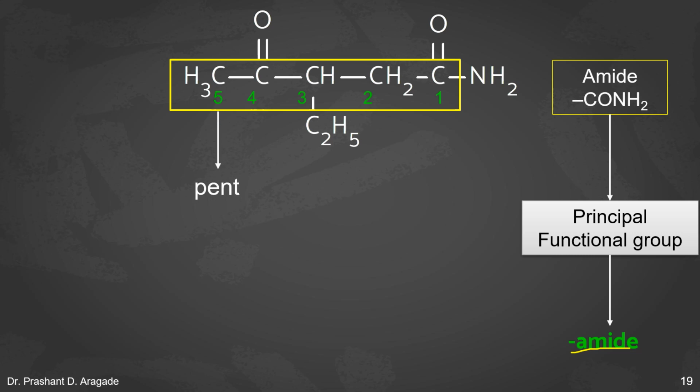Then the last name is derived from whether the chain is saturated or unsaturated. If you observe, it does not contain carbon-carbon multiple bonds, hence last name is ANE. So you have to replace the E of the last name with the suffix used for the principal functional group. Hence, name of this chain is pentanamide.